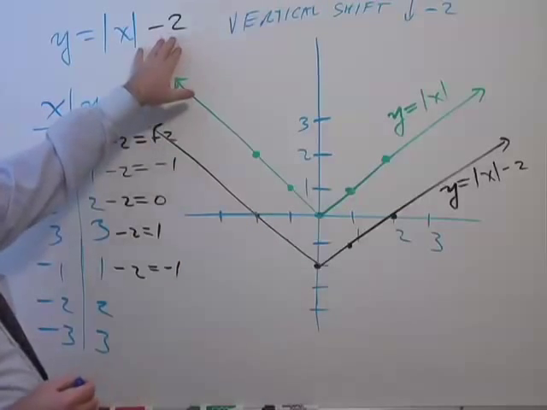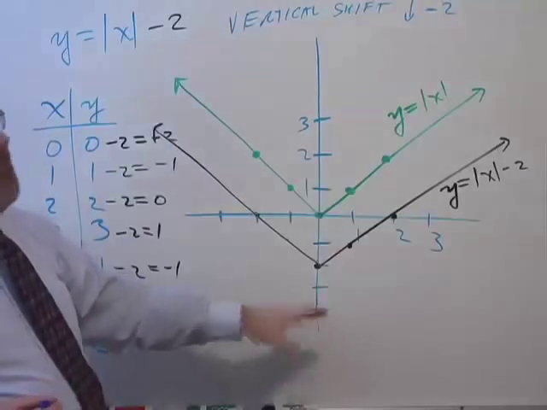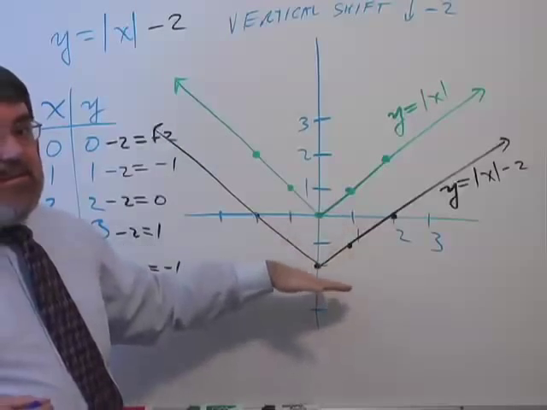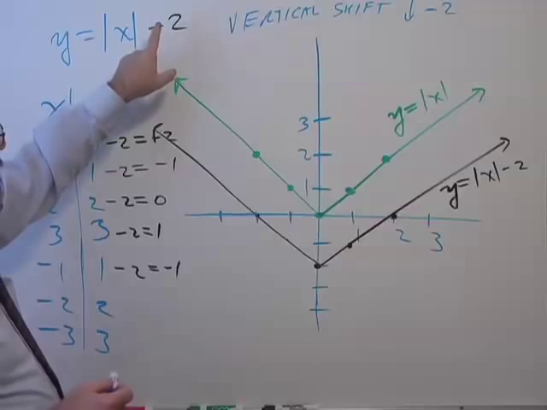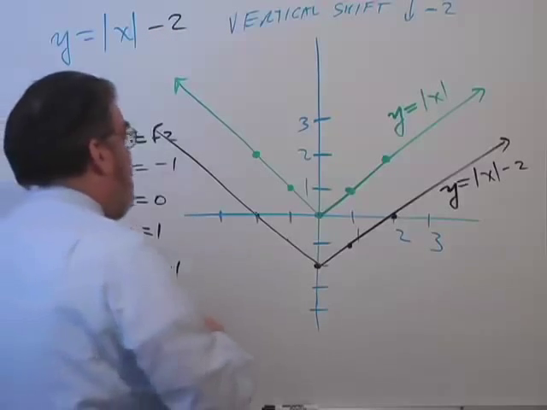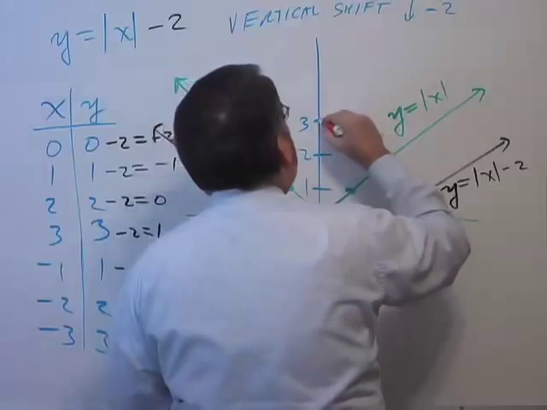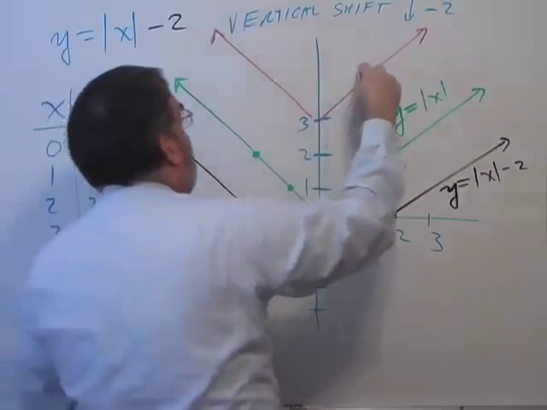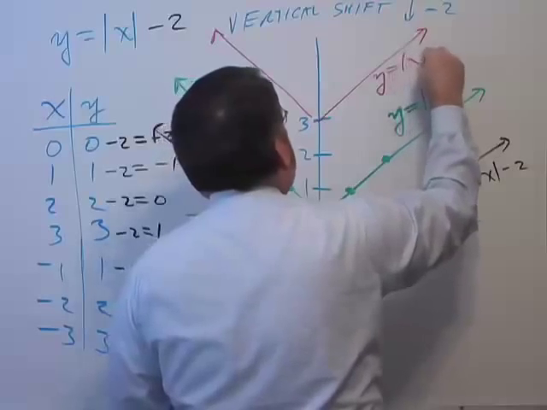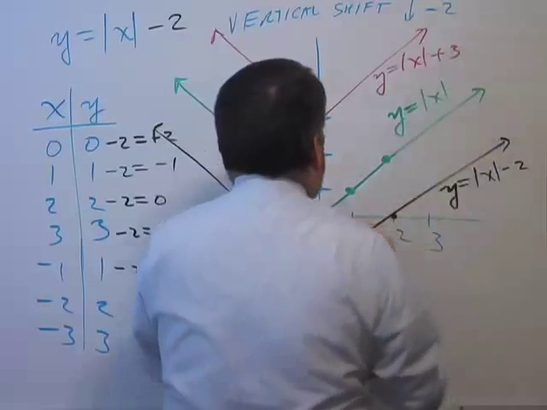And so if you subtract a number, it's going to drop the graph. If I add a number to the function, it's going to raise it. So if I made this absolute value of x plus 3, for example, it would go this way. So here is y equals the absolute value of x plus 3.